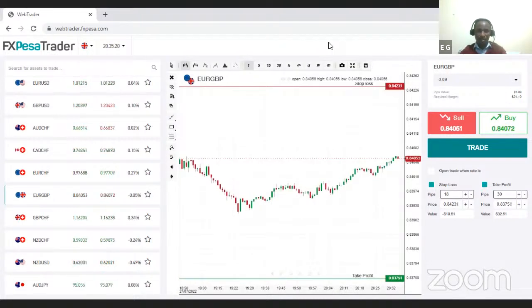The other thing would be to remind traders to be on the lookout, especially if you have positions with USD, because at 9 we have the interest rate decision for USD, the United States interest rate decision. The expectation from the calendar is that the rate might be increased by 750 basis points.